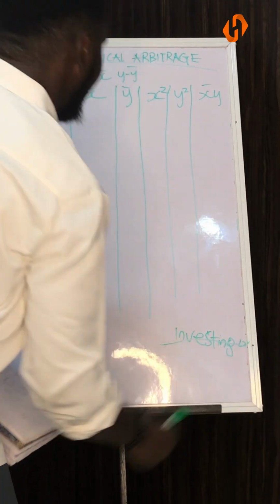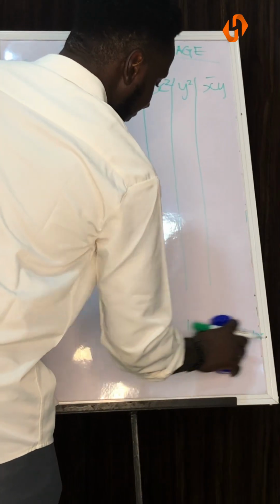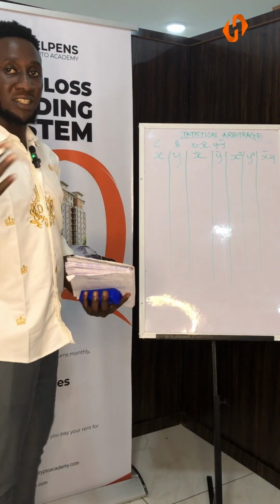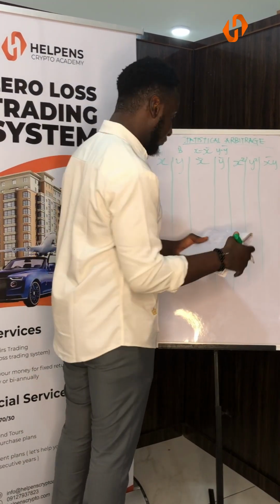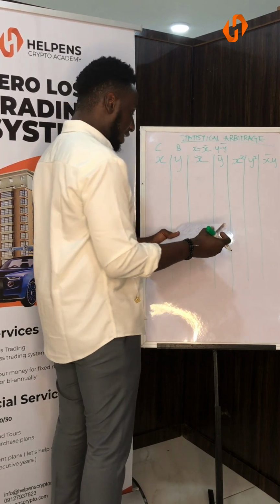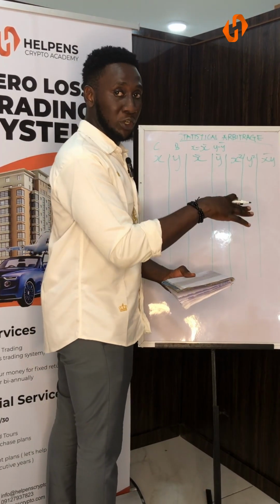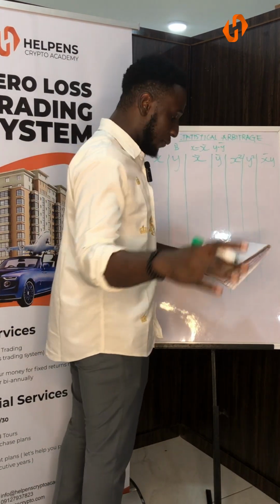So you go to investing.com, you check out the prices of these two commodities over the past 5 days. I've already gotten the prices, which are going to be displayed on your screen, as at the time the figures were checked.